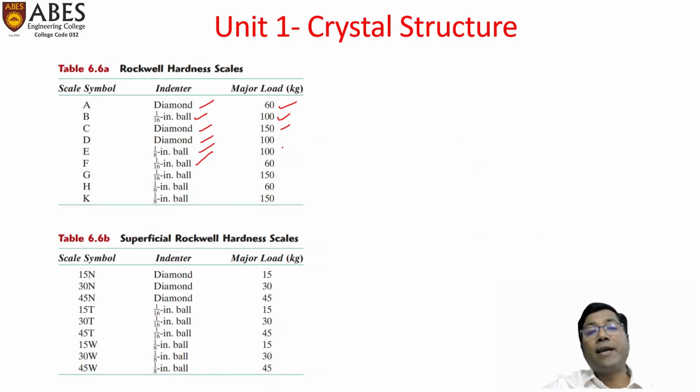Minor loads are all 10 kgf, and depending on the combination of diameter size and major load, we can have various scale symbols like A, B, C, D and so on. After measuring the hardness of a certain material on Rockwell hardness testing, we must always mention on which scale, Rockwell A, B, C, or D, the value was taken.